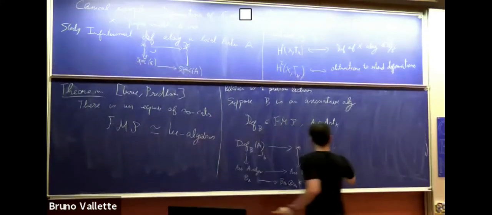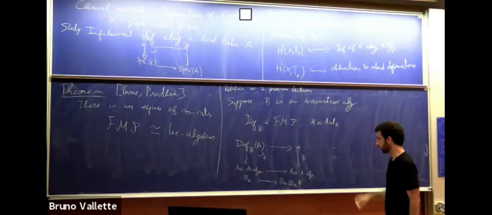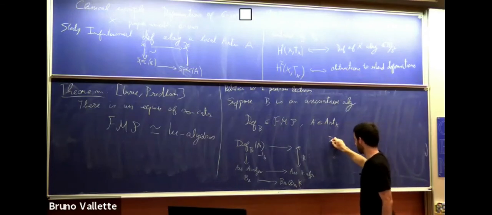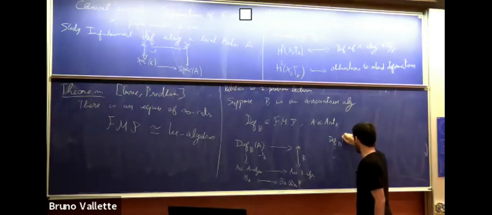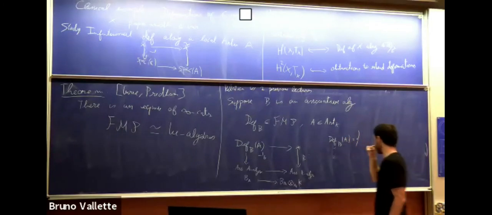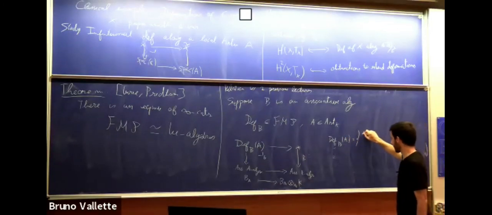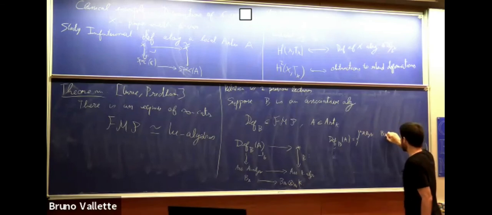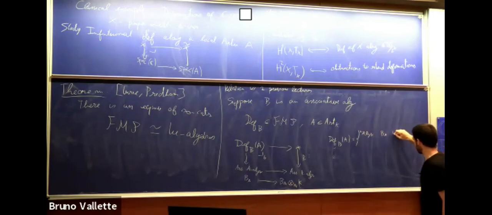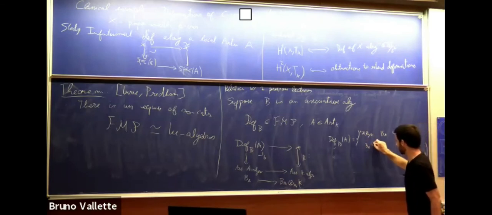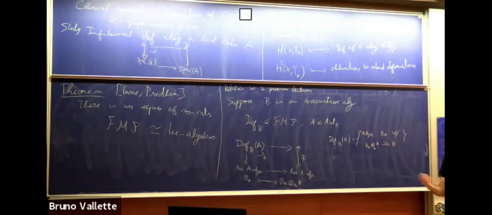Now it turns out that you can identify essentially deformations of B at A with exactly the set of A algebras B_A together with an equivalence B_A tensor_A K back to B. But this is in infinity categories.